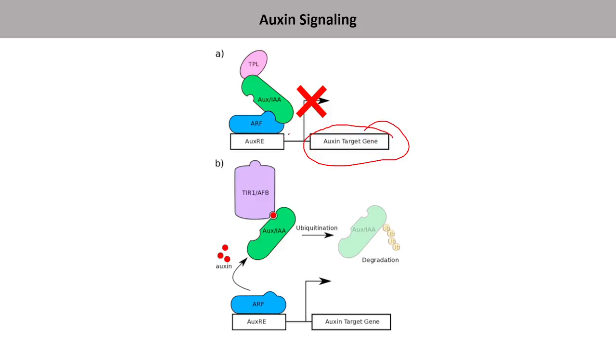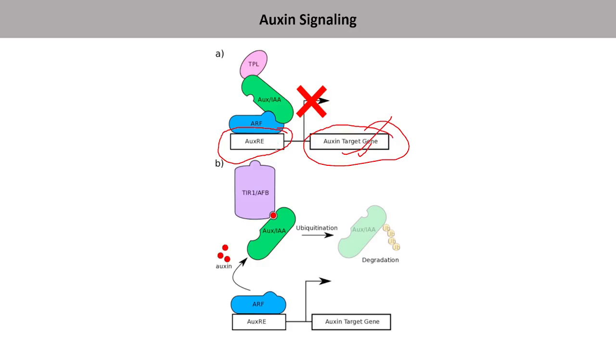Similarly we have this AuxRE, which is present in the promoter region of the auxin targeted gene. For the auxin target gene to transcribe, this AuxRE needs to be activated. If AuxRE is not activated, the transcription will not happen.